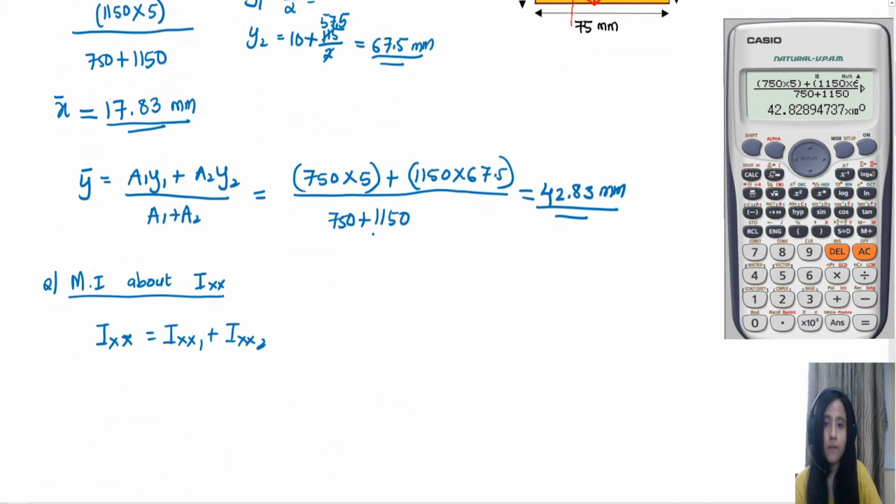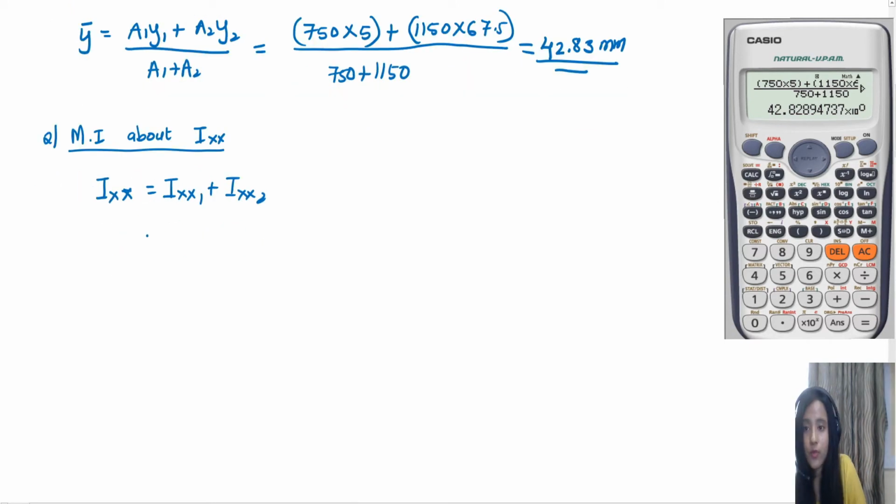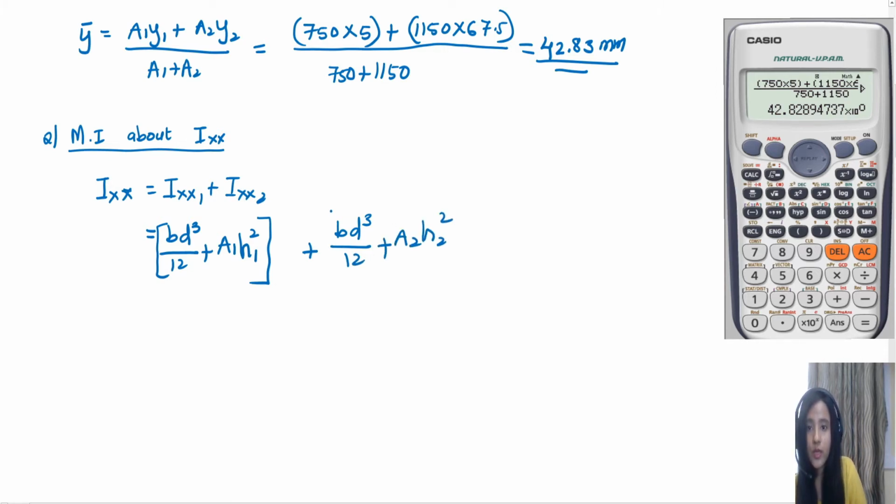So I have to use the parallel axis theorem here. For Ixx1, the formula will be bd cube by 12 plus area A1 into h1 square. And for Ixx2 it will be bd cube by 12 plus area A2 into h2 square.